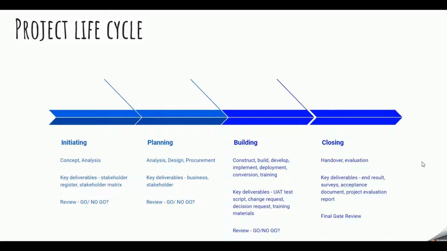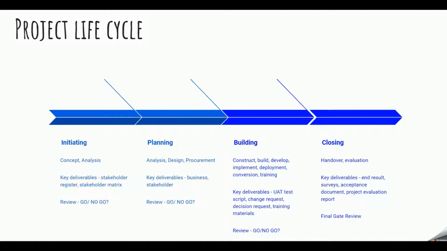So last but not least, the closing phase of a project includes handover and evaluation. Some of the key deliverables here include the final end result. Whether it's a quantitative or qualitative result, you often have to review how the project went and determine whether it was a success or not as successful.